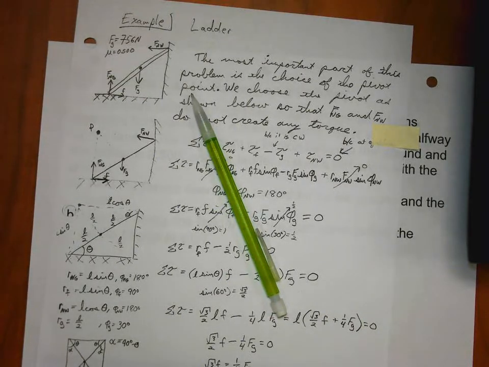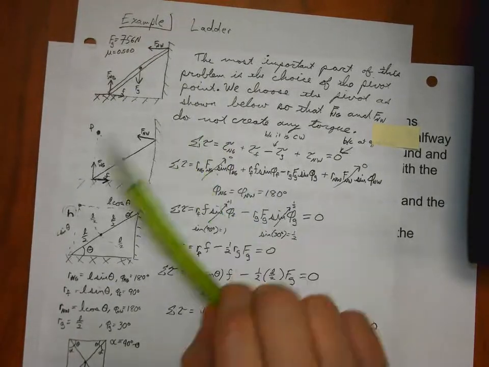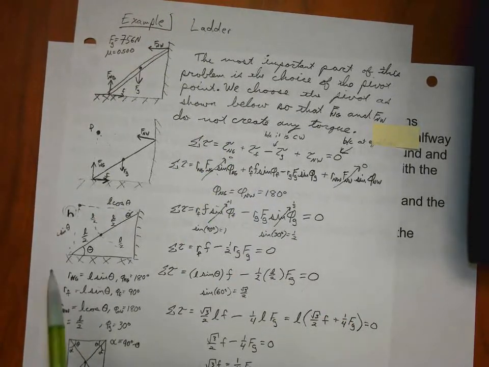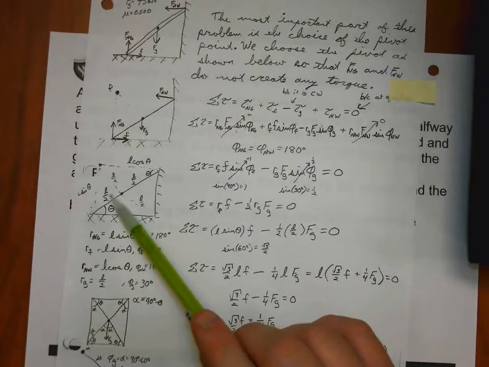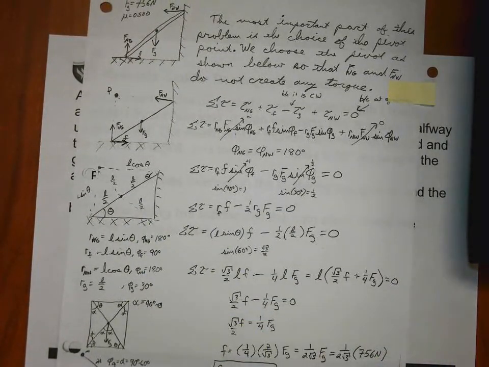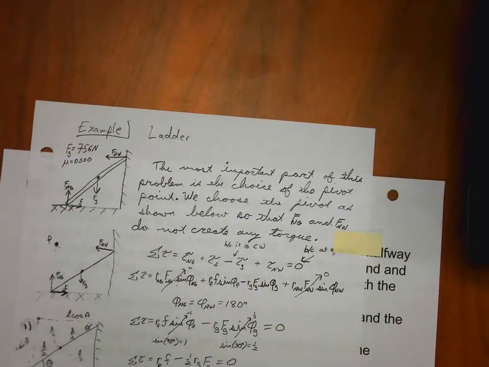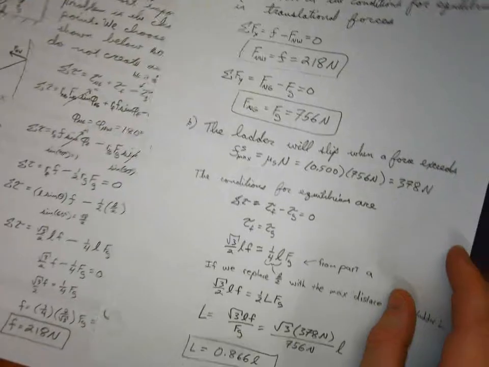I don't know if that made much sense, but the fact of the matter is you can choose your equilibrium point anywhere you want to because the thing is at equilibrium, it's not moving. And then the problem is fairly straightforward. There is just, I have to admit, a bunch of geometry that takes a while to work through. But you might want to try working through it. It is, as you see, a 2-page solution.